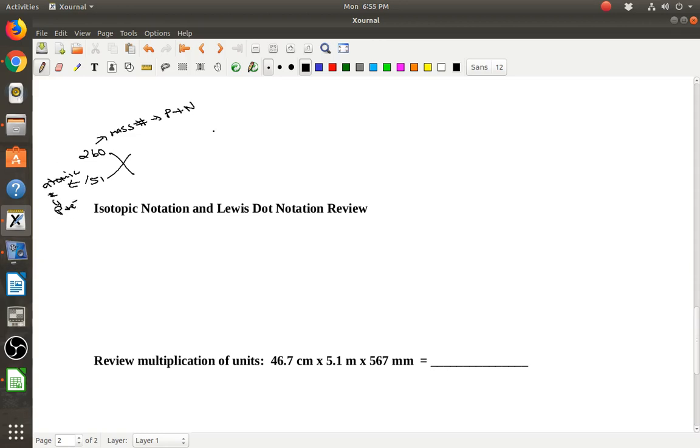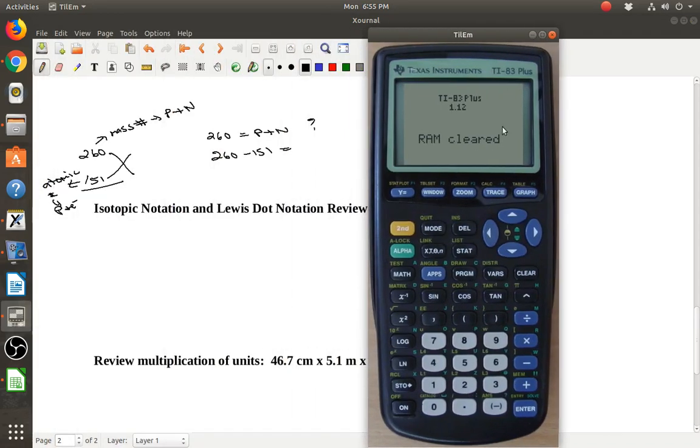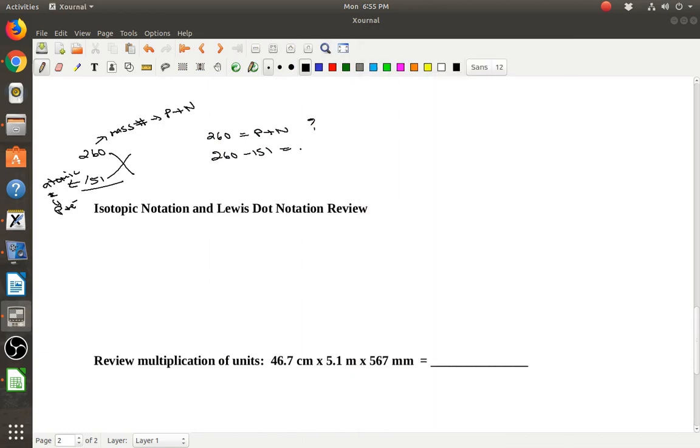So this element, 260 would be its proton count plus its neutron count. So how many neutrons does it have then? We'll just subtract it, 260 minus 151. How many neutrons is that? I'll just do it on the calculator so I don't make a mistake. 260 minus 151, 109 neutrons.